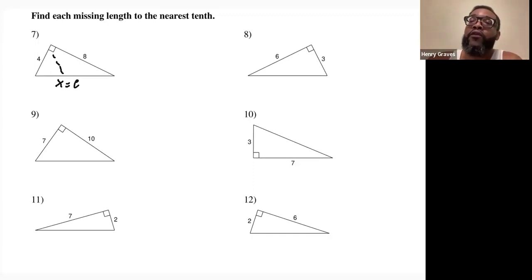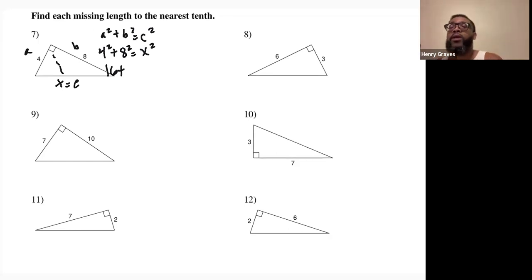So now I'm going to use the formula: a squared plus b squared equals c squared. So it's going to be 4 squared plus 8 squared is equal to x squared. I know 4 squared is 4 times 4, which is 16. And 8 squared is 8 times 8, which is 64. So 16 plus 64 is what? It's 80.